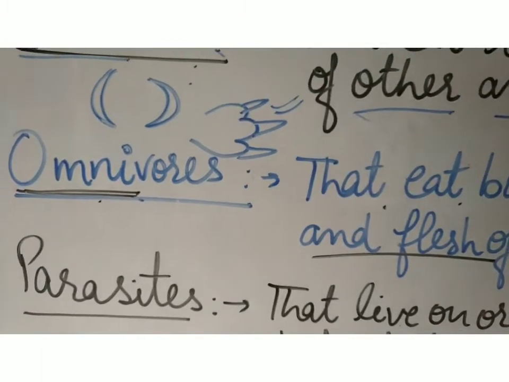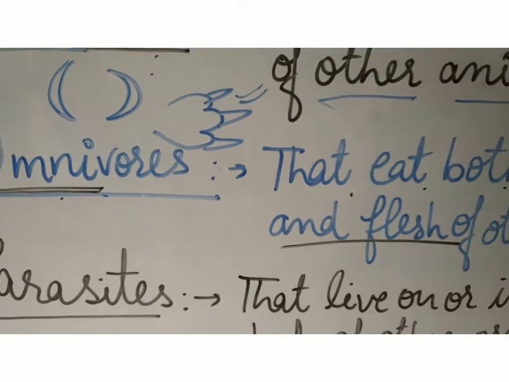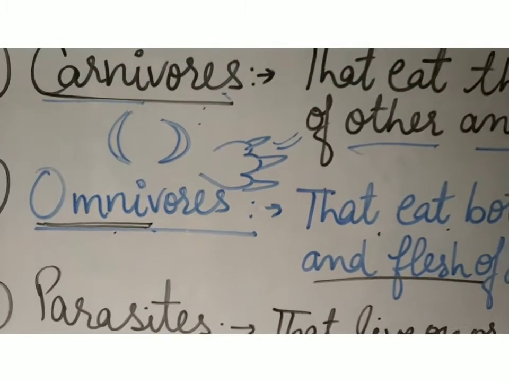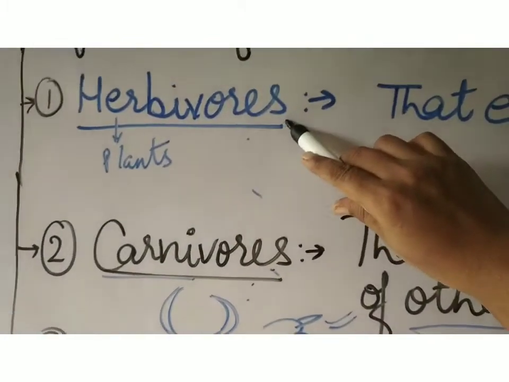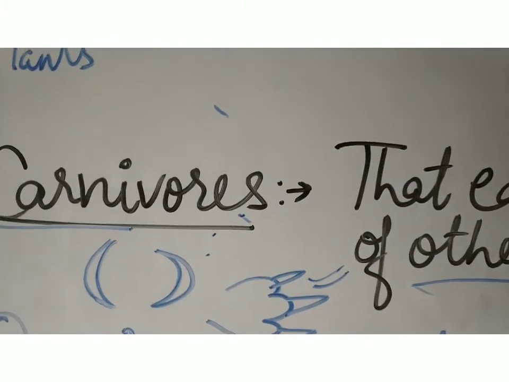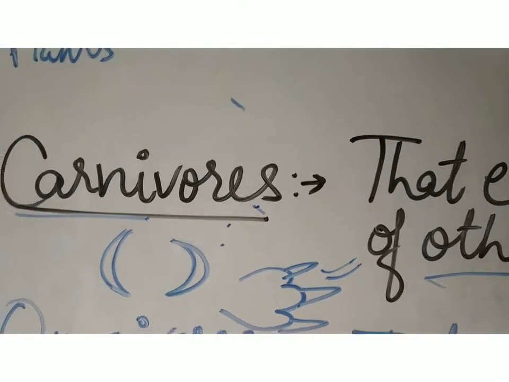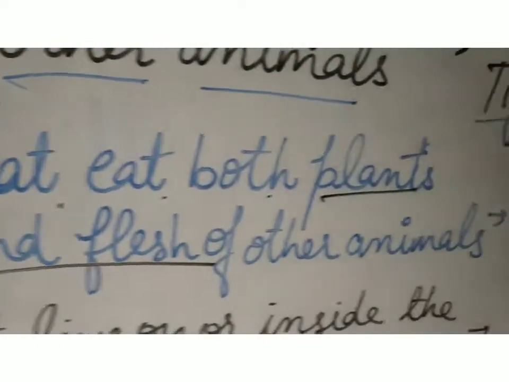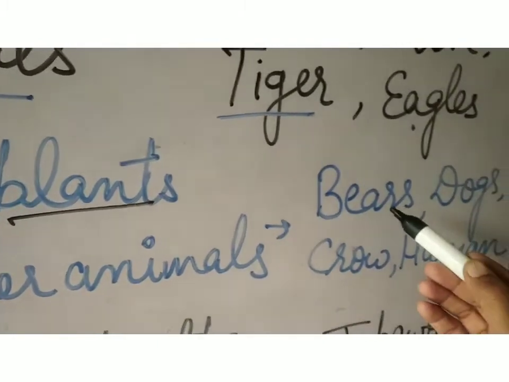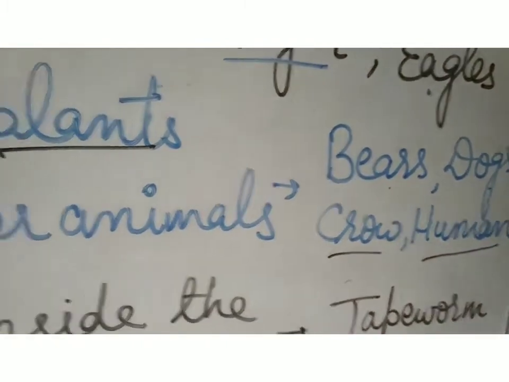Children, they have both sharp front teeth for tearing and strong flat molars for grinding their food. Just like herbivores, they have flat and strong grinding teeth at the back of their mouth, which help them to chew their food. For example, bears, dogs, crow and human beings.